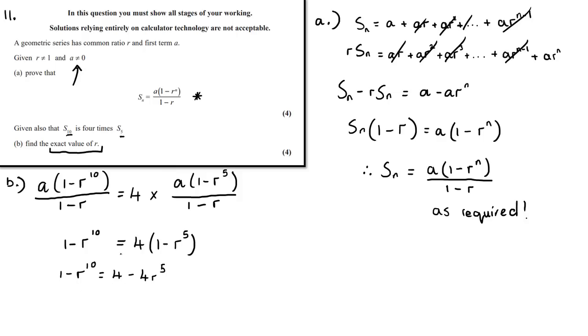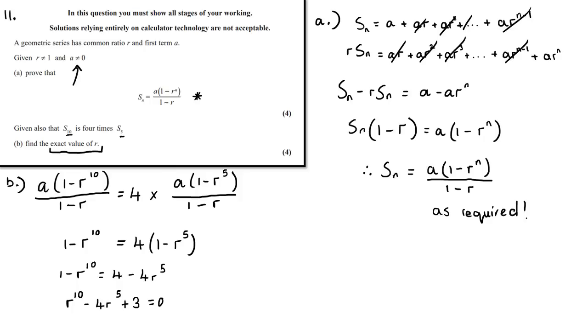So if we take that onto the other side and make it positive, we get r to the 10 minus, so the next highest power would be 4r to the 5, so minus 4r to the power of 5. And then we've got 4 minus the 1. Again, taking this onto the other side, so 4 minus 1 gives us positive 3. So this is all equal to 0.